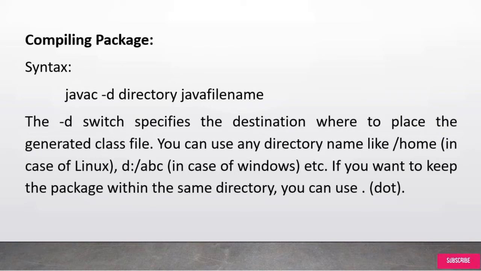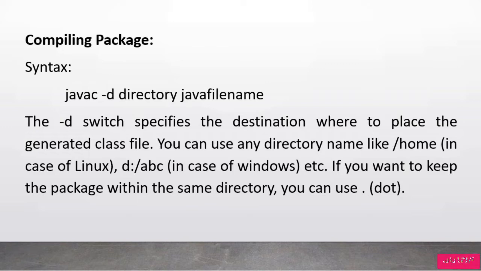Suppose a user is working in the E drive, and wants to place the generated dot class file after compilation in the F drive, then he can specify F colon, or in an ABC folder, F colon ABC.